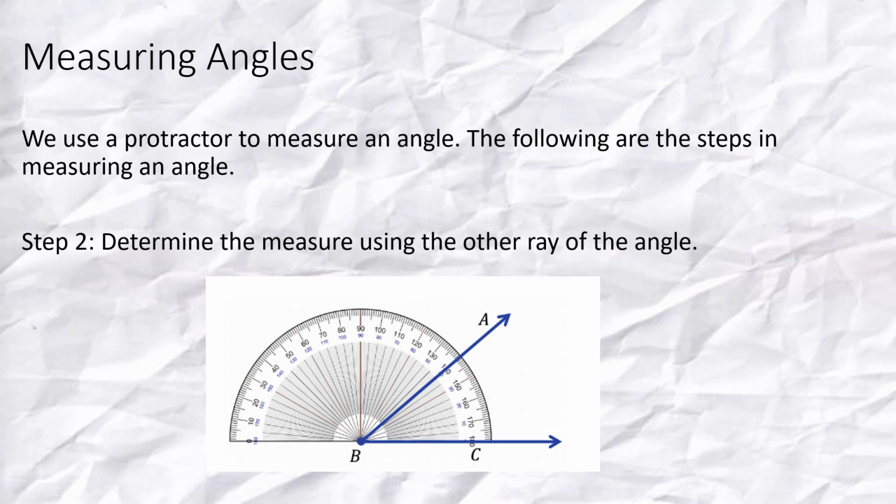Next, we determine the measure using the other ray of the angle. Based on this figure, ray BA points to either the 40 degrees or 140 degrees part of the protractor. Since angle B is an acute angle, we can say that the measure of angle B is 40 degrees.